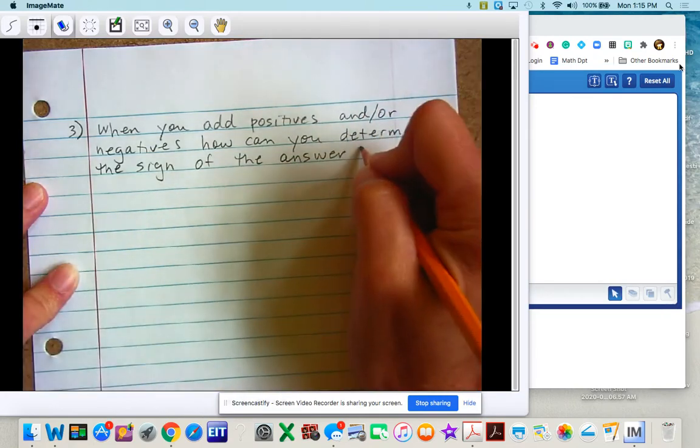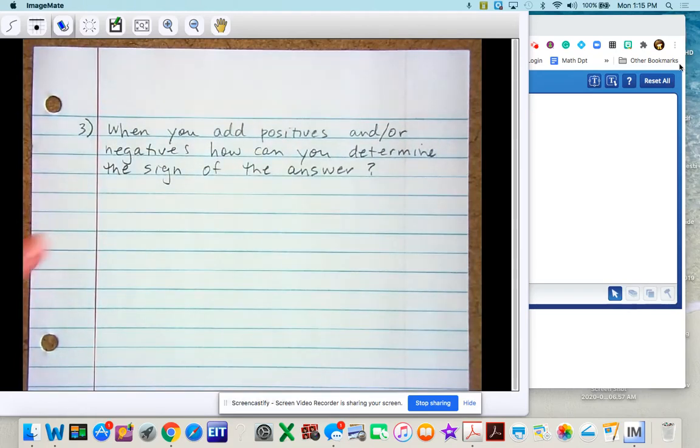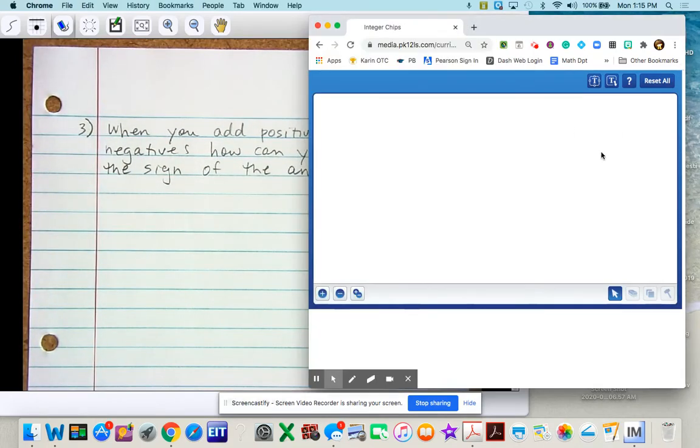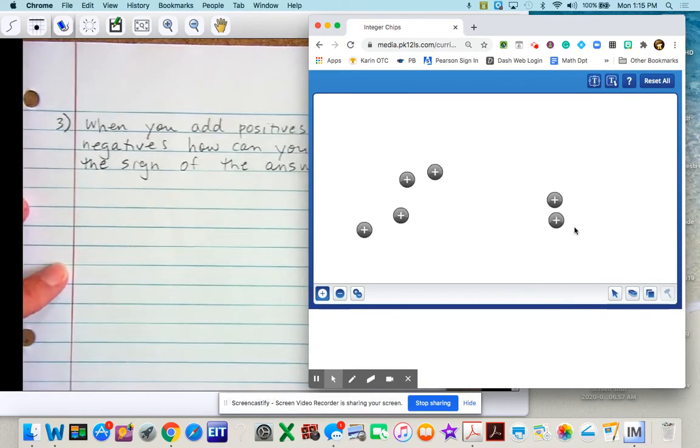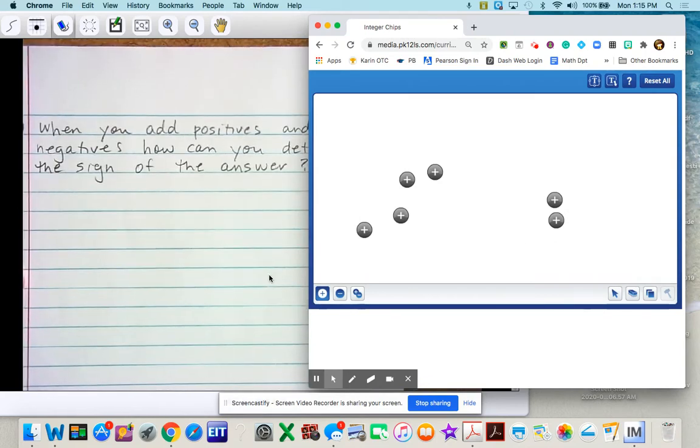Let's look at a couple situations and we'll play around with the tiles too. Remember, if I add some positives, so let's say I've got +4 and then I add +2, what kind of answer am I going to get? Let's look at a scenario. I'll write down what happened over here.